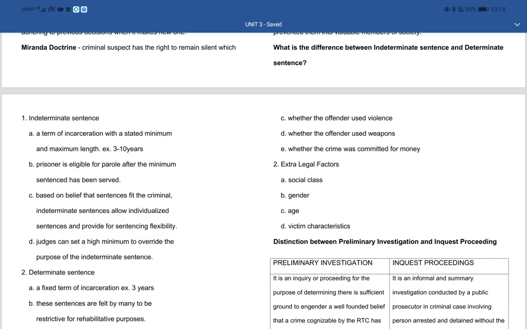So that maximum of 3 to 10 years is what we call an indeterminate sentence. It is the time or number of years they will render as the sentence. Then the prisoner is eligible for parole after the minimum sentence has been served, based on the belief that the sentences fit the criminal. Indeterminate sentences allow individualized sentences and provide for sentencing flexibility.